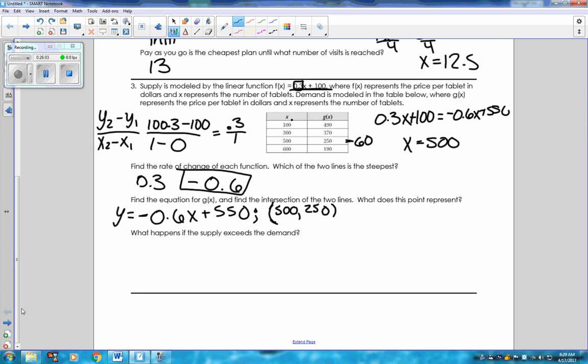This point represents where, for everyone who wanted a piece of candy, I had the exact number of pieces of candy to give to people who wanted one. Does that make sense?